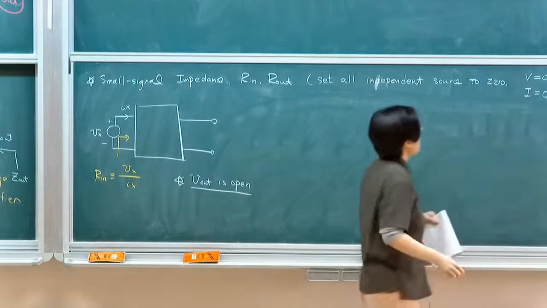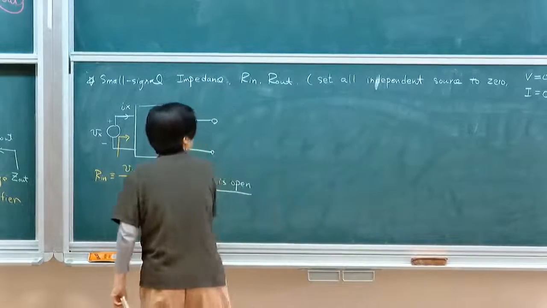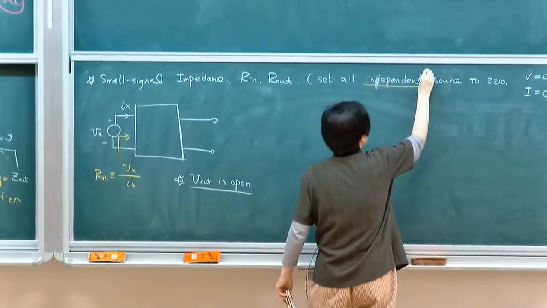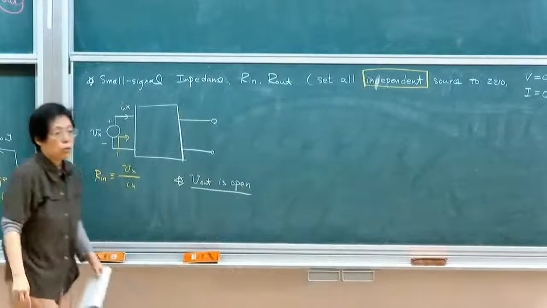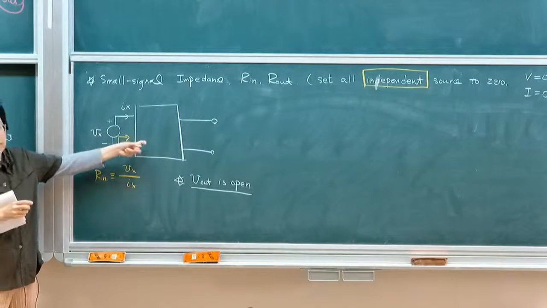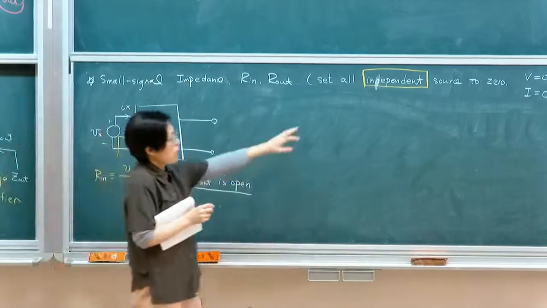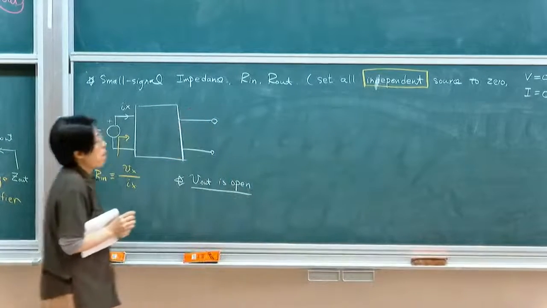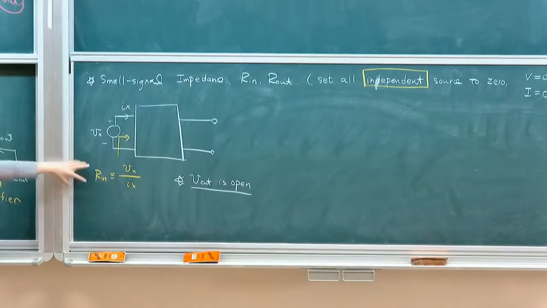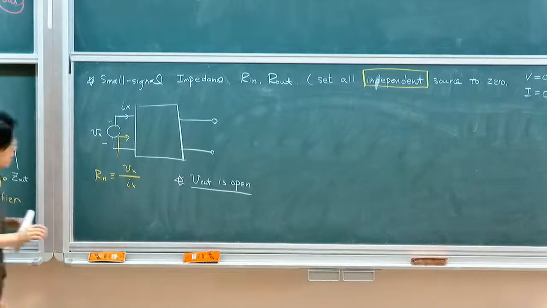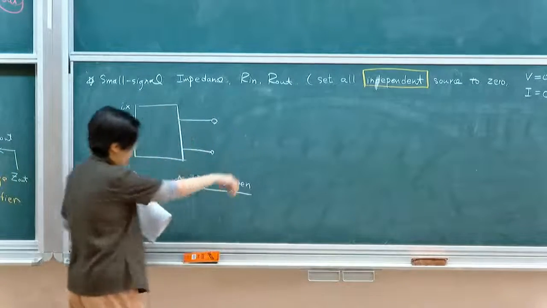So you zero all independent sources; if there are any independent sources inside this circuit, you set them to 0. Before we find these input and output resistances, we'll go through a lot of examples.